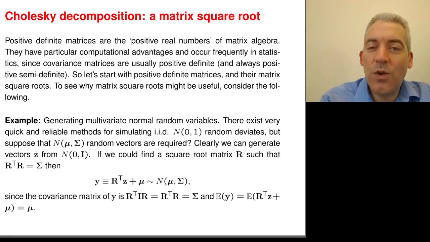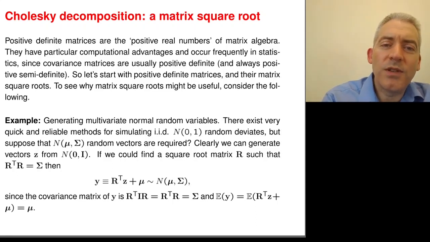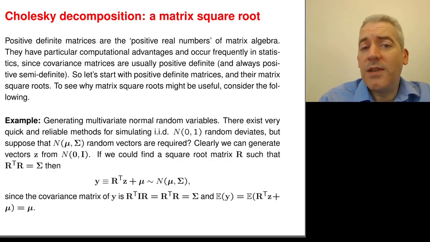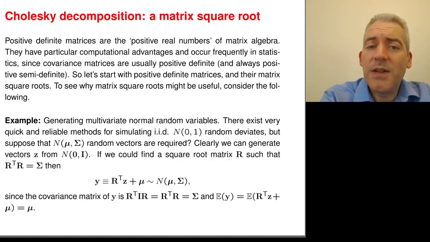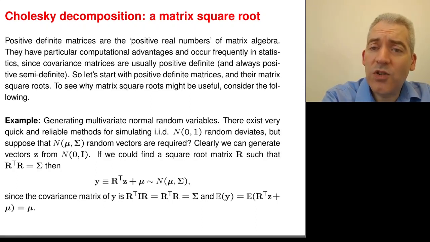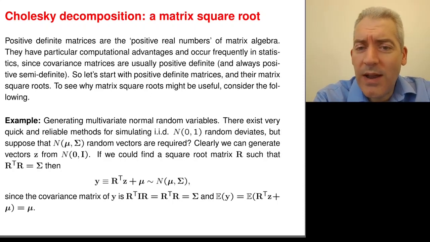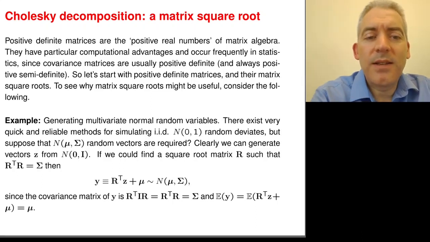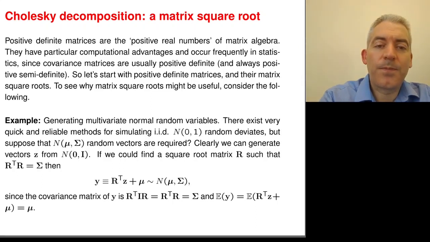So this is one of the reasons why in statistical applications this notion of a symmetric positive definite, or at least positive semi-definite matrix crops up a lot. Okay, we're going to start off by thinking about strictly positive definite matrices and what a square root might be and why a square root might be useful. So let's just think about that first.